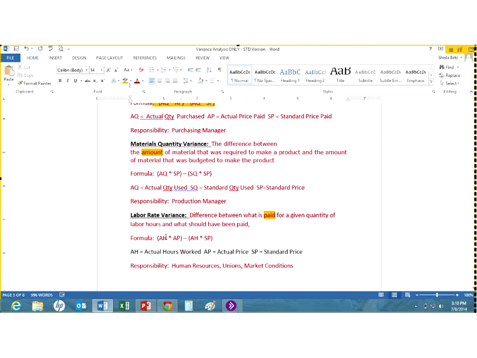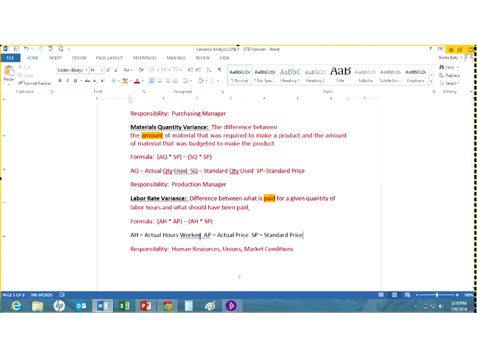So the formula is the actual hours that we worked times the actual price, minus the actual hours that we worked times the standard price, what we had expected to pay. The person responsible for this variance would be human resources.